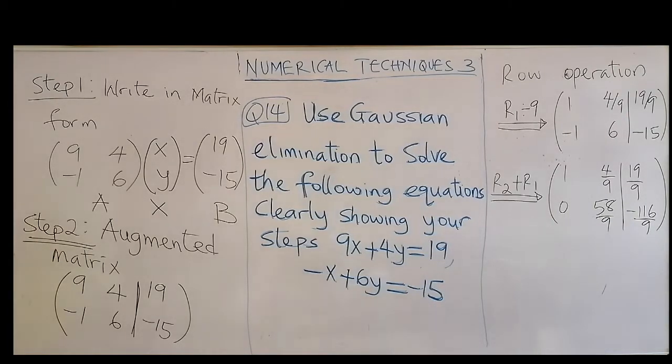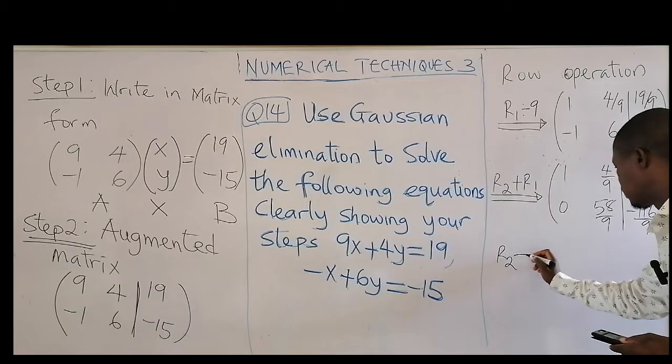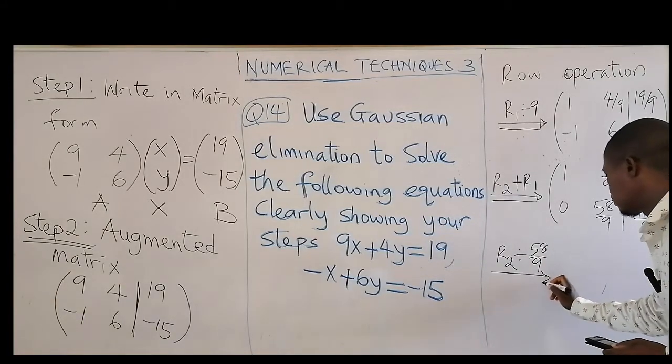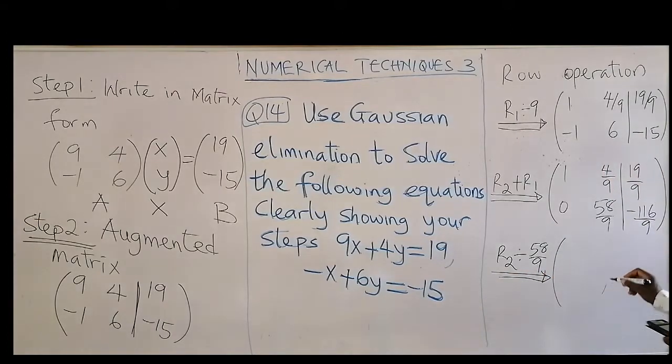Then the next thing that remains, since we have a direction here, is that this must be 1. So what do we do? Row 2 divided by 58 over 9. So that's 1, 4 over 9, 19 over 9, and then minus 116 over 9 divided by 58 over 9, which is minus 2.